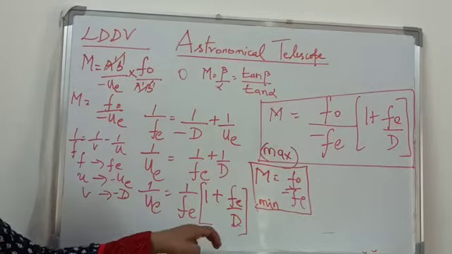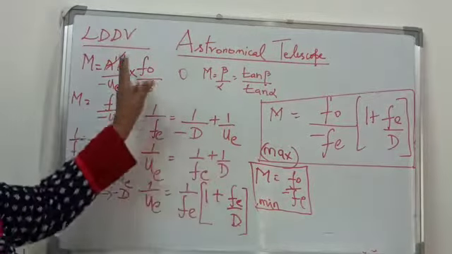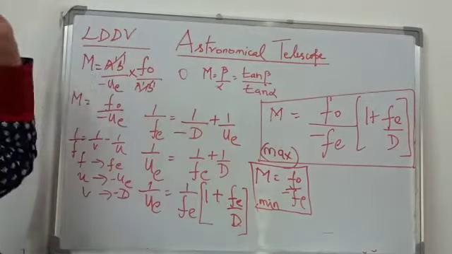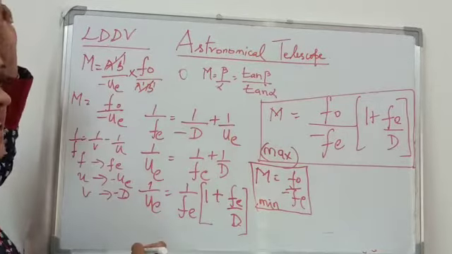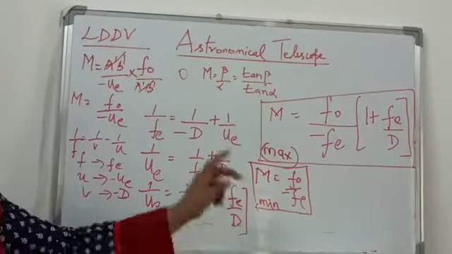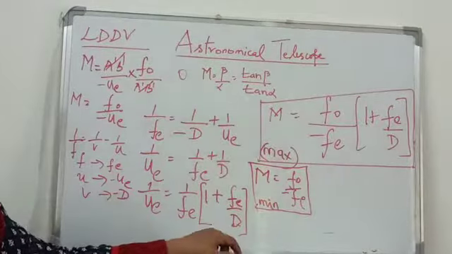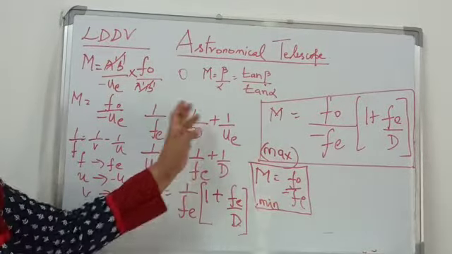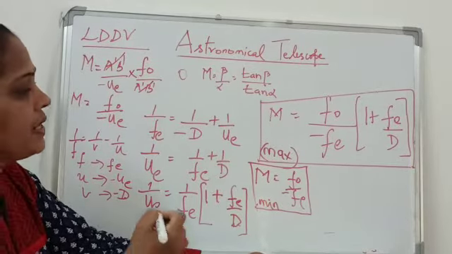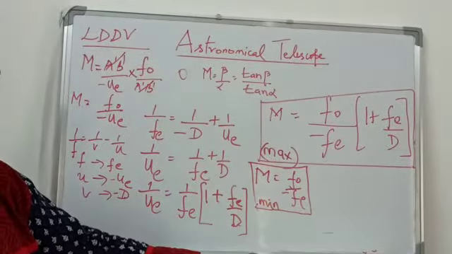Now we are making the objective lens aperture very large because the object is at infinite distance and more amount of light has to pass through the objective lens. So that is why the aperture is made very large. And since we are using two lenses over here, the spherical aberration can be reduced to some extent.